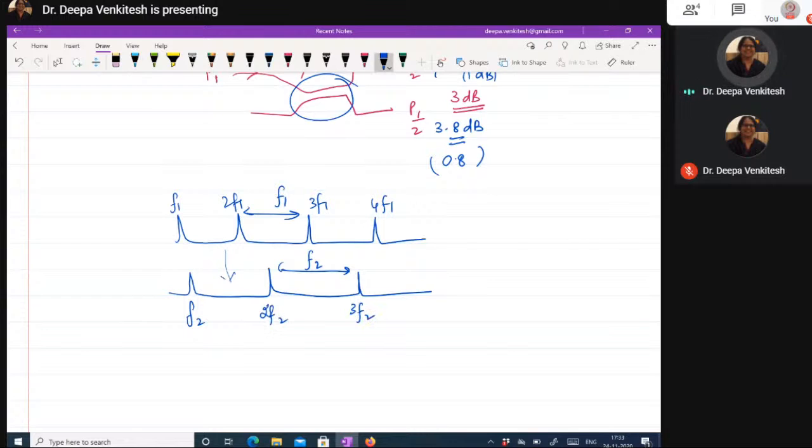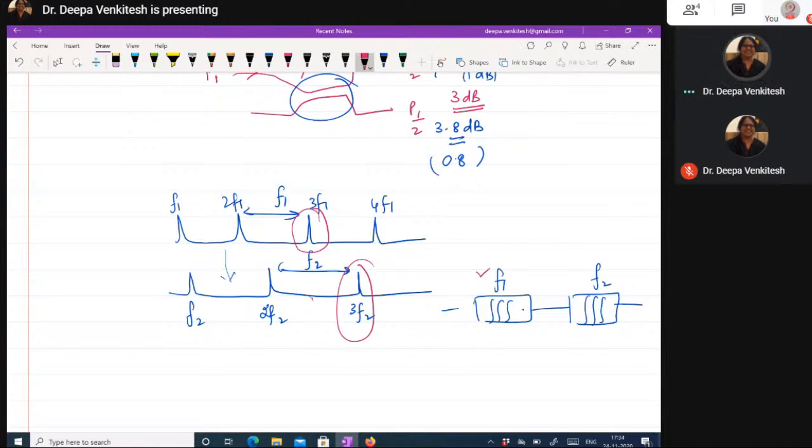Now you can imagine if these two filters, filter 1 with FSR F1 and filter 2 with FSR F2, you cascade them, for example, if you take a frequency 3F1, that is allowed by the first filter, but that's not allowed by the second filter. If you take 3F2, for instance, it's not even allowed by the first filter, it won't reach the second filter. So there are certain frequencies at which both of them are transmitting, and it is a question of only algebra to find out what is that frequency at which both of them are transmitting.